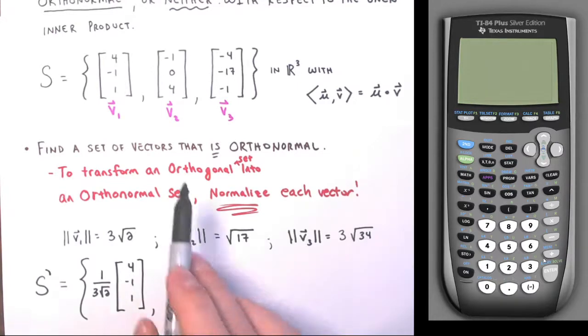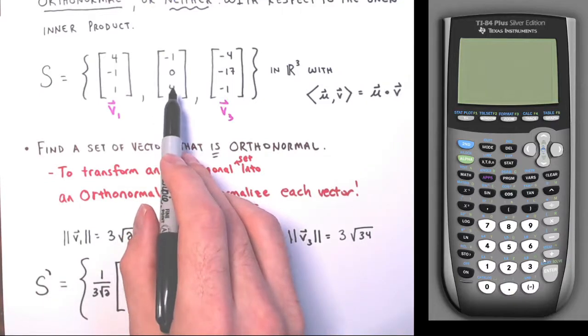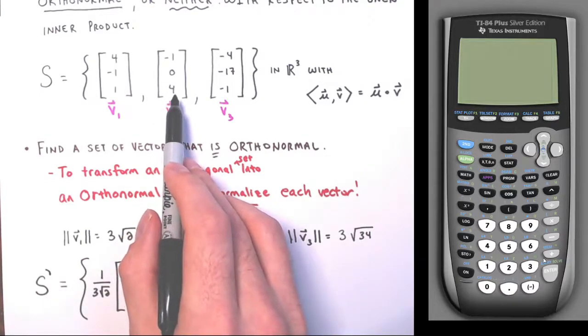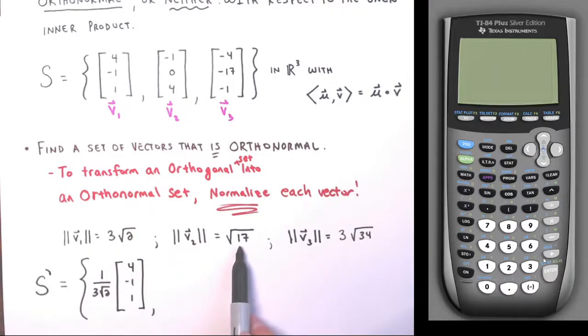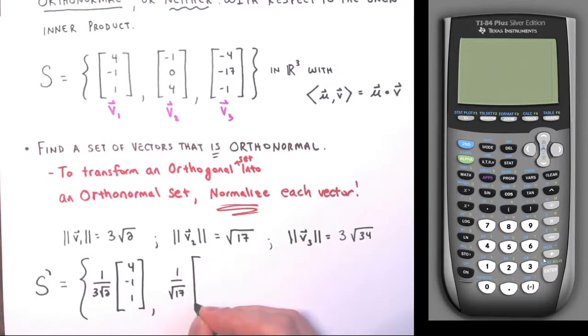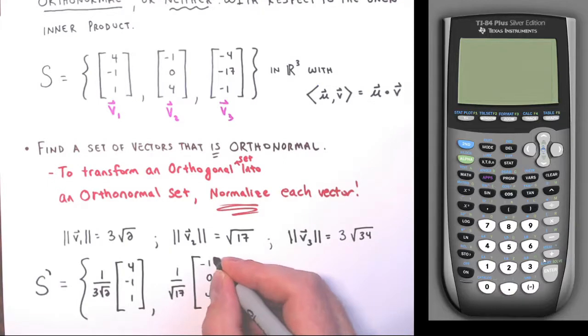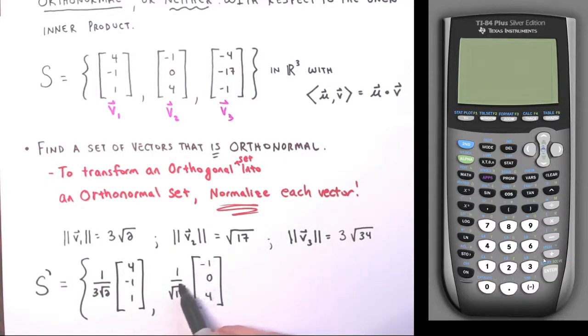And the same thing for v2. To turn it into a unit vector, I'm going to multiply it by 1 over the square root of 17. So the second vector is 1 over the square root of 17 times the vector negative 1, 0, 4. There's another unit vector. You can put the scalar in if you wish: negative 1 over root 17, 0, and then 4 over root 17.